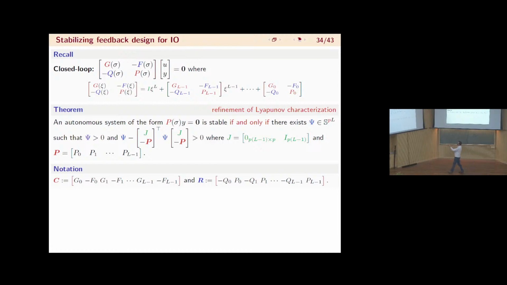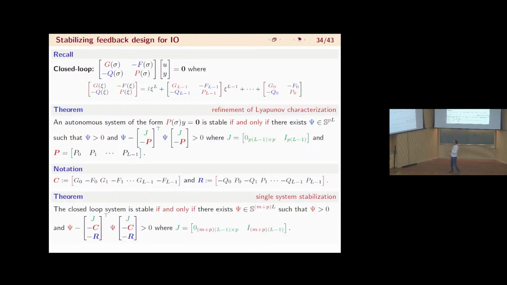Then I can now replace P by these coefficients. And if I do that, P is going to be C on top of R. Then the Lyapunov characterization tells me that if I am interested in stabilizing one system, this R is given, I want to find a psi and C such that this inequality is satisfied. And psi is positive definite.